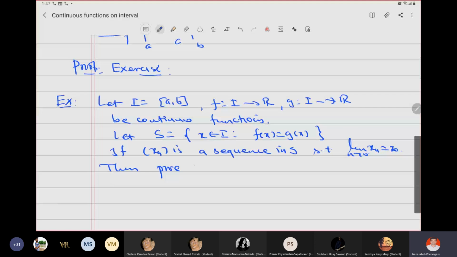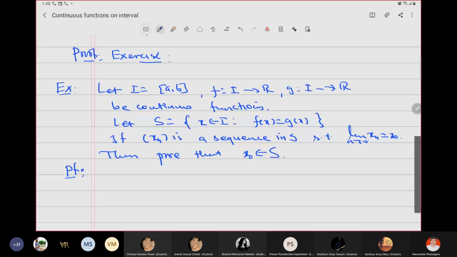Do you understand? Same problem we discussed earlier. Yes. Similar problem, not same, similar problem. This f and g are equal at some points, and if xn is a sequence in set S and x naught is a limit, then x naught is also a member of S.